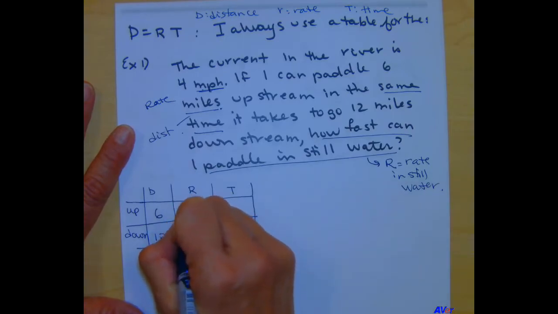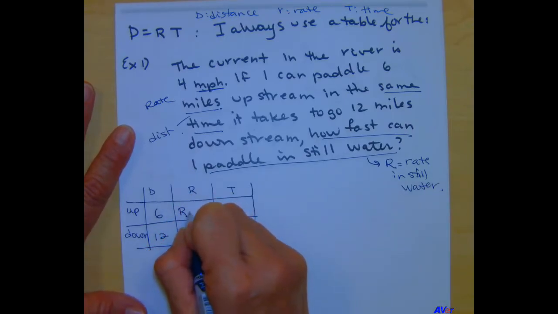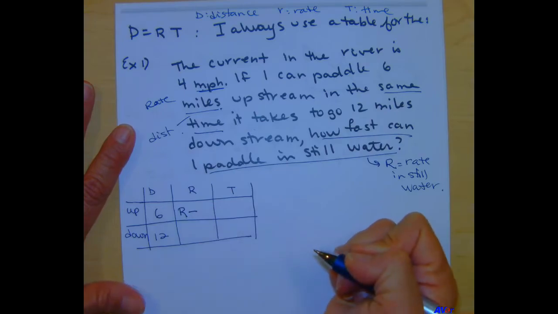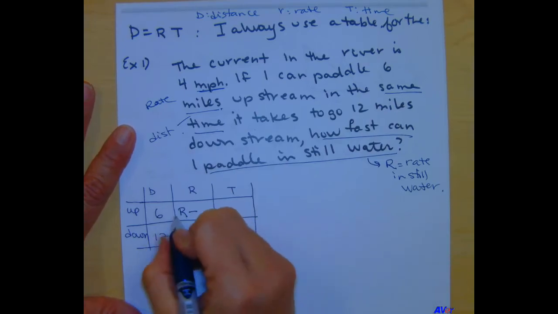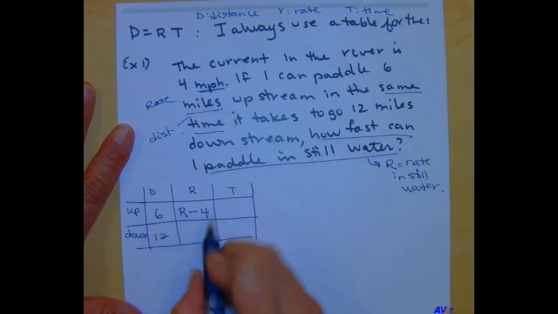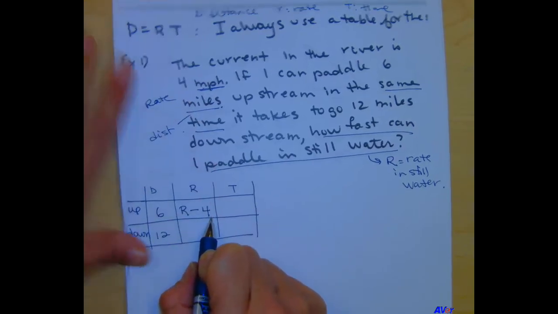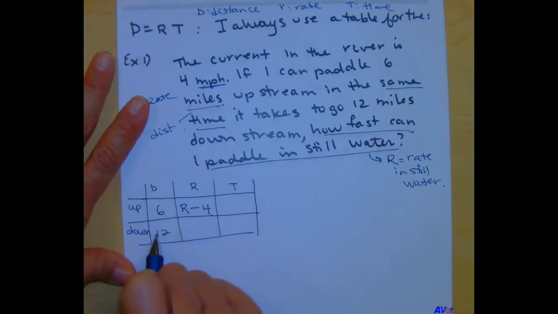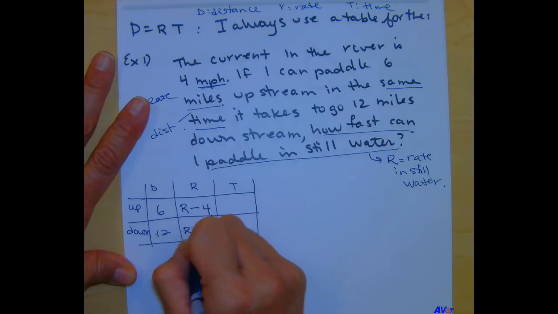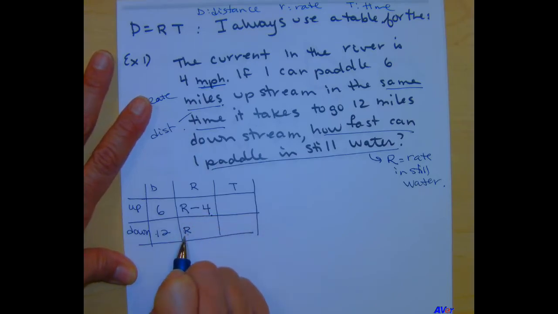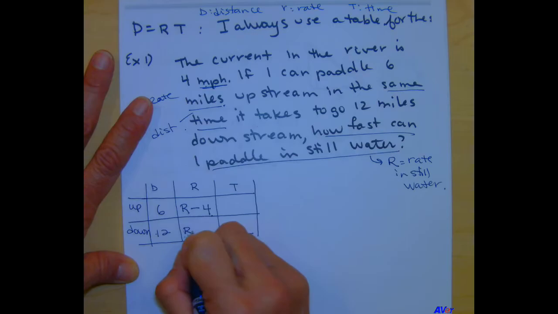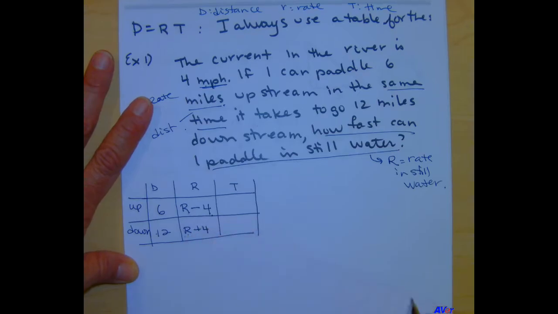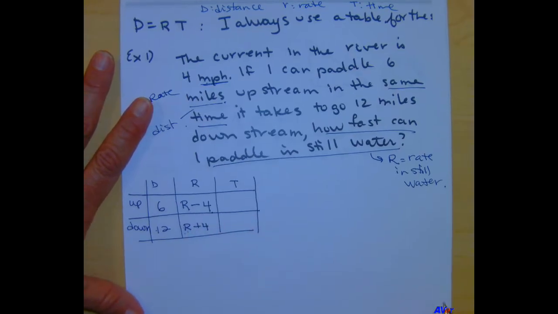So my net speed is my paddling speed minus the current. So the current's right working against me. So rate minus 4, right, speed of the current. I'm bringing that in. Whereas if I'm going downstream, right, I have my own speed that I can paddle in, but the current is helping me out, so R plus 4.